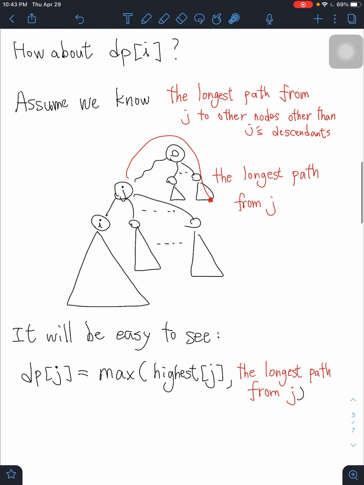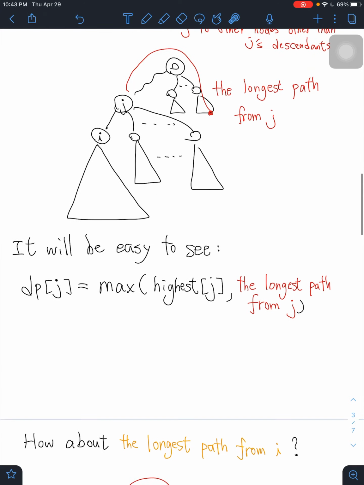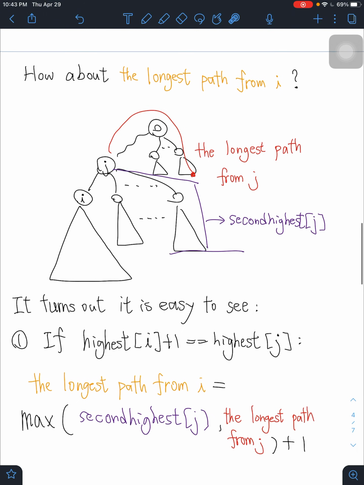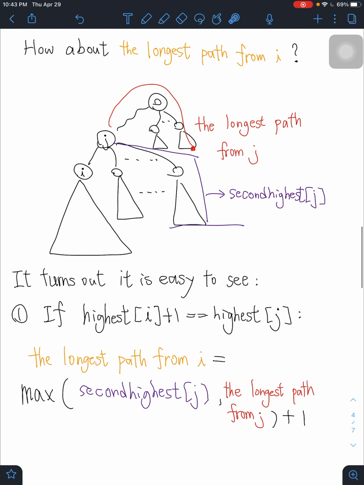Okay, so dp J turns out to be easy to compute, and the one remaining question becomes, how can we compute the longest path from I?